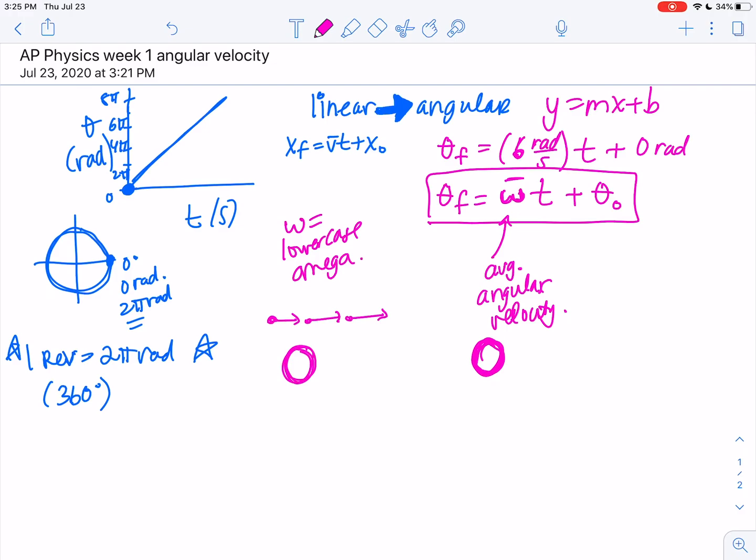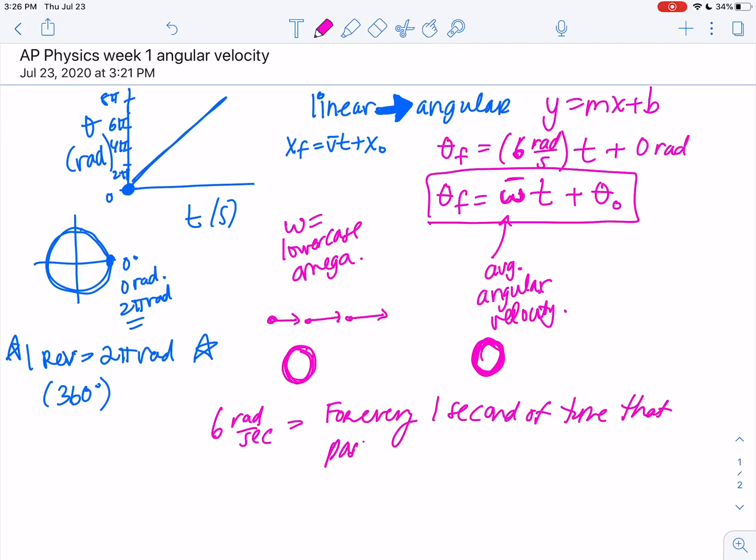When you're explaining your slope, 6 radians per second, you would say for every 1 second of time that passes, the angle increases by 6 radians, or whatever your number was.